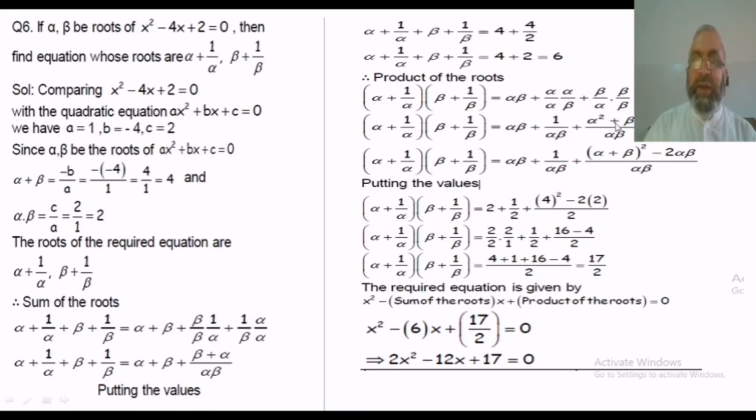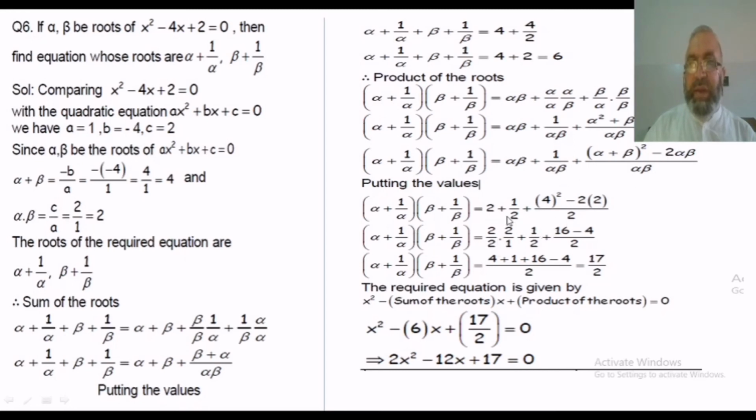Again we change alpha square plus beta square into sum and product form. So we can write this as alpha beta plus 1 over alpha beta plus, in this form, alpha plus beta whole square minus 2 alpha beta, divided by alpha beta. By putting the values of the sum and product, we have the product of the roots 2, plus 1 over the product of the roots 2, plus the sum of the roots 4 square minus 2 into the product of the roots 2, divided by 2.